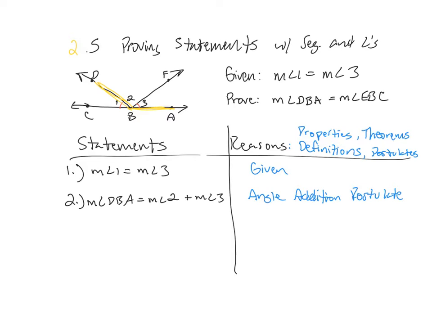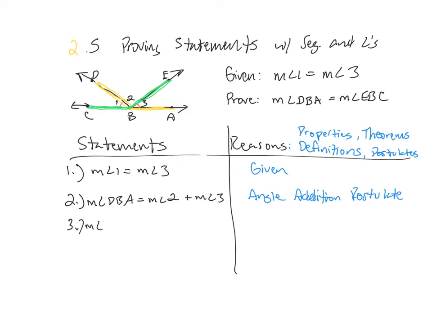So I need to do the same thing for EBC. Oh, that up top I put an F and it should have been an E. So EBC is the green part. So it's 1 and 2 together.